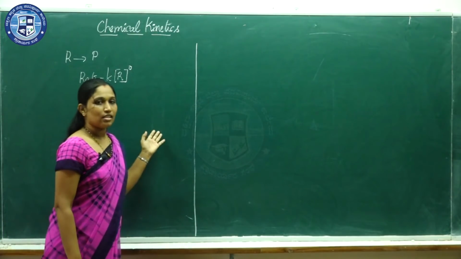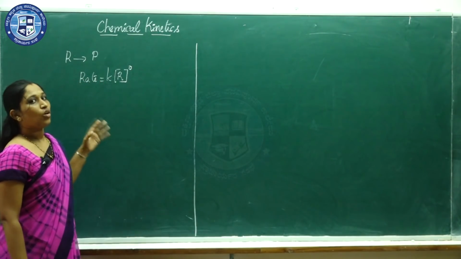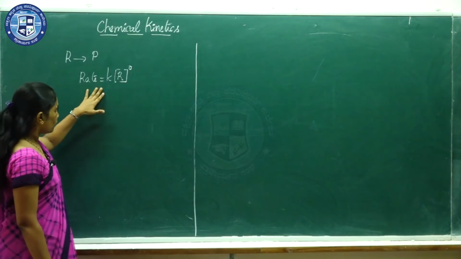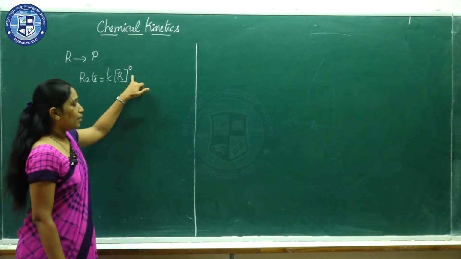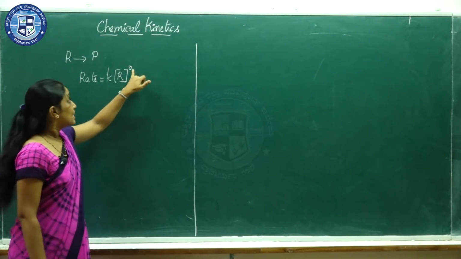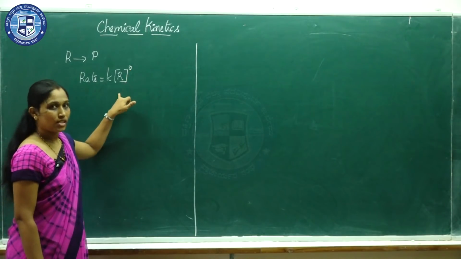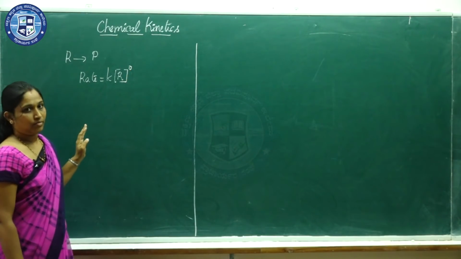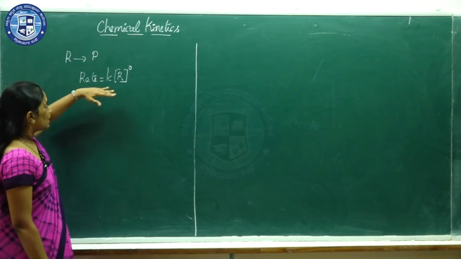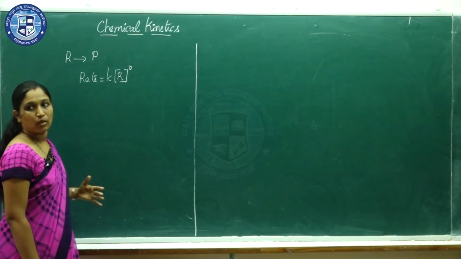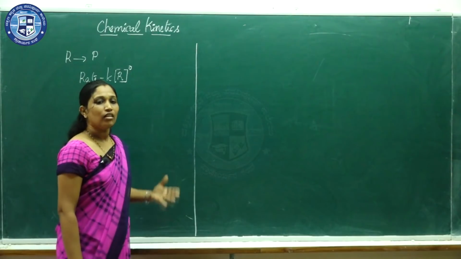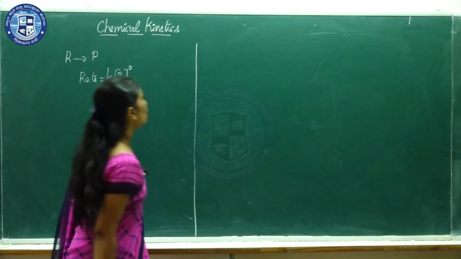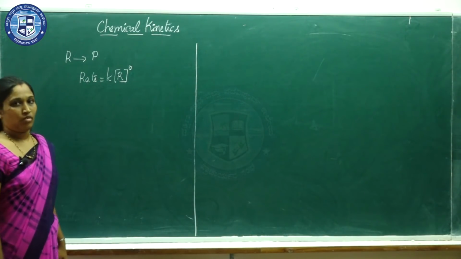So for a zero order reaction, the rate of the reaction is directly proportional to the zeroth power of the concentration of the reactant. With this in mind, we will be deriving the integrated rate equation for the zero order reaction.